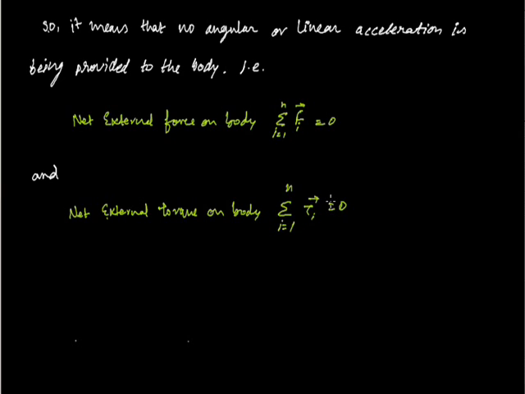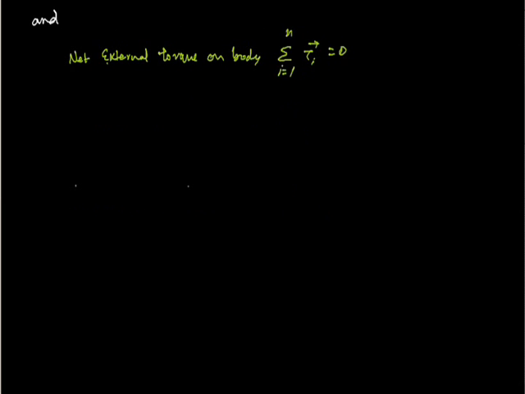A body may be in partial equilibrium also. It may have an angular acceleration but not linear acceleration. Similarly, a body can have linear acceleration but not angular acceleration. We can take an example for each.